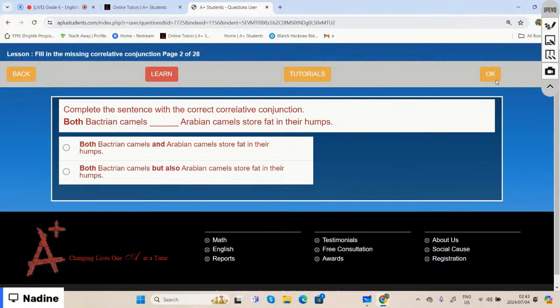All right, so we can say both Bactrian camels, do we say, and Arabian camels store fat in their humps, or do we say both but also?